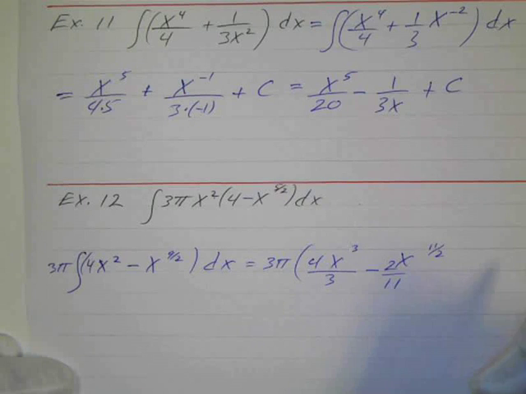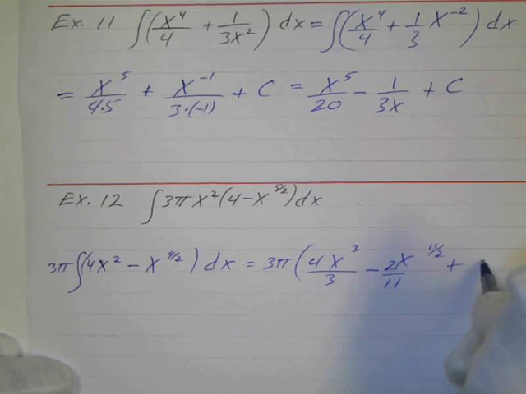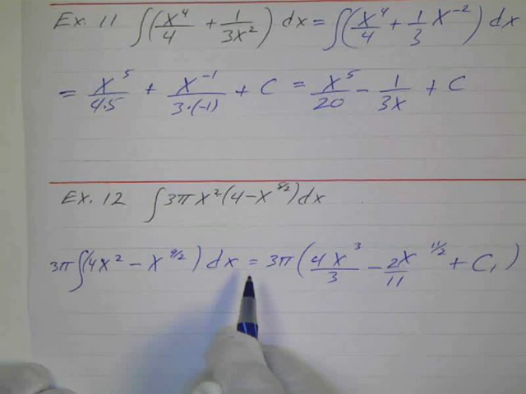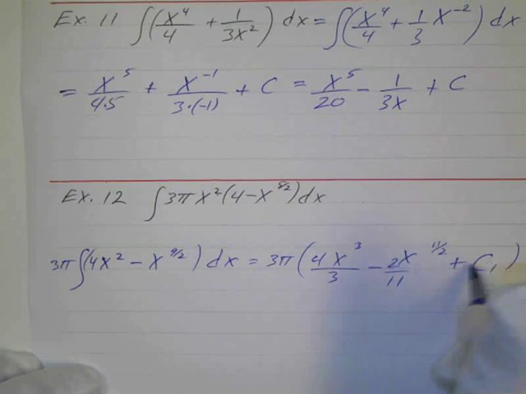All right? And then we've got 3 pi times that, and then plus c. We can call it C1, and I'll tell you about that in just a second. And then we can redistribute out if we want, or we could leave it like that. Actually, we'd just leave this.